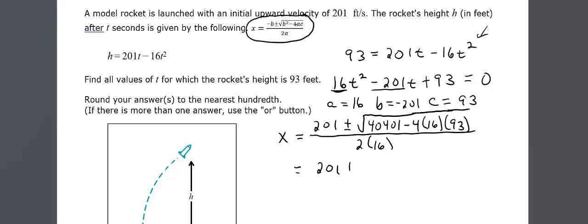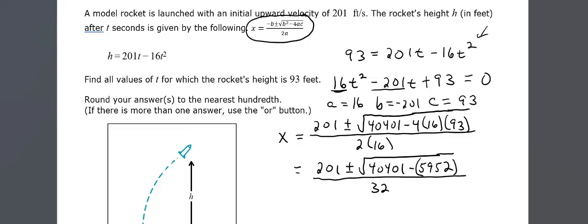So let's go ahead and continue to simplify. So next, we need to multiply the negative 4 times the 16 times the 93. And that gives us negative 5,952. And that's all over 2 times 16, which is 32.